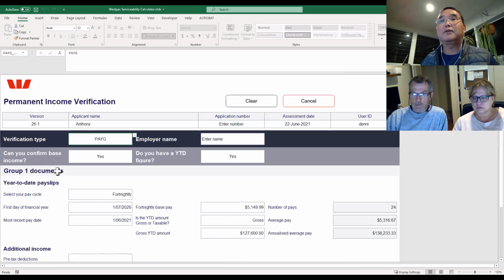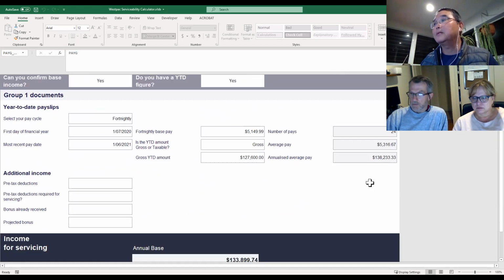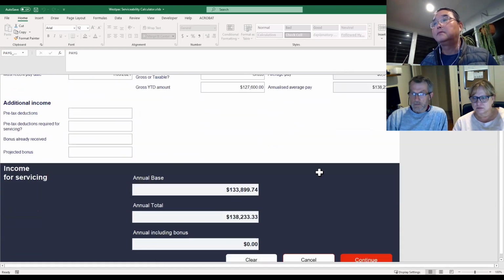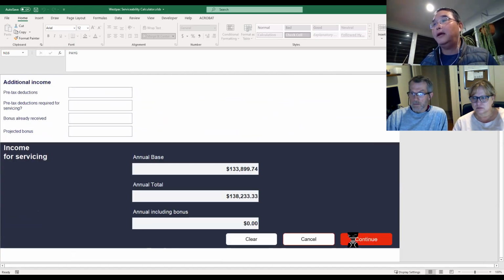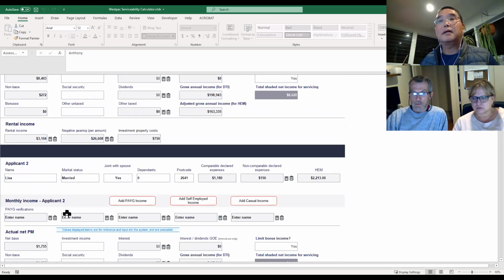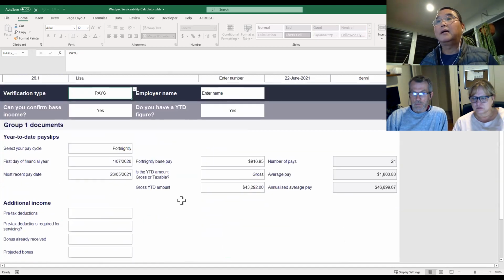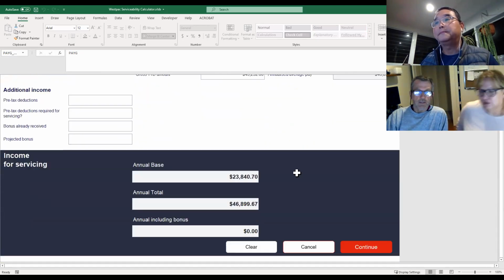That's your income, about $138,000 a year. And that's Anthony's income, and that's Lisa's income, about $46,800. Have you put both of Lisa's incomes in?